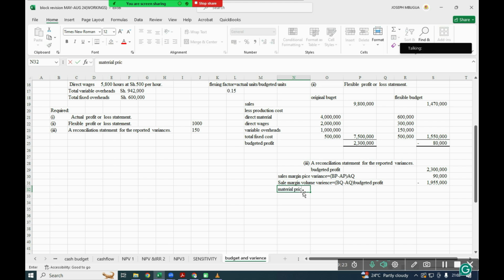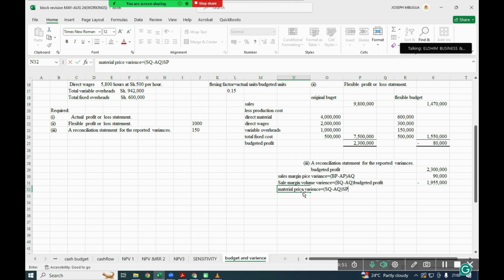material price variance. For material price variance, we said it is standard quantity, SQ, minus actual quantity, AQ, into standard price. So SQ is the standard quantity of material that we had budgeted to use.